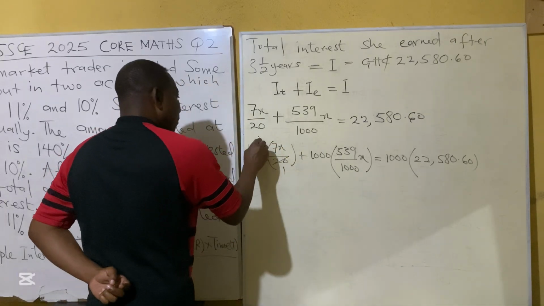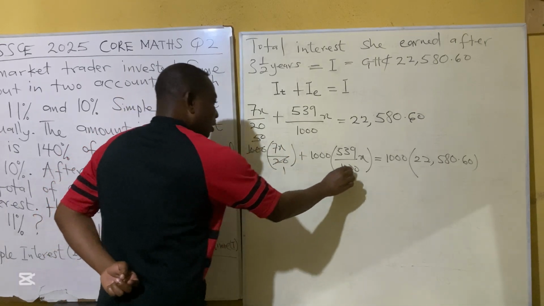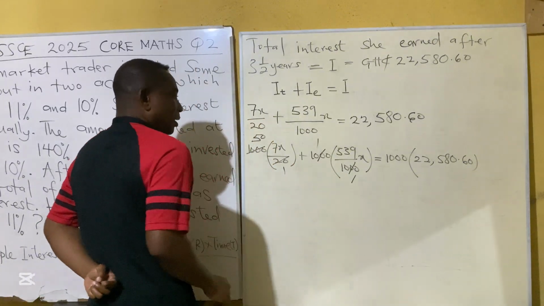Now, 20 goes into itself 1, goes into 1000, 50. 1000 goes into itself 1.